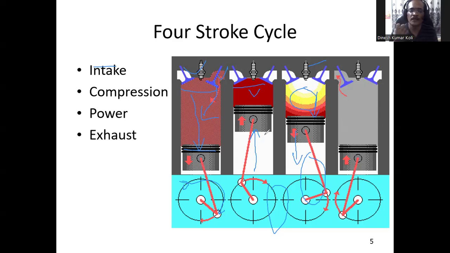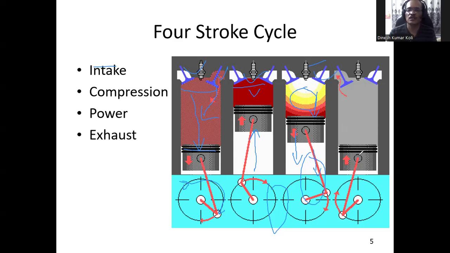This is called the power stroke or the expansion process, which gives power to the engine. In the remaining strokes, we are not getting any power. In this stroke also, both the valves are closed, so in the compression as well as the power stroke, valves are closed.